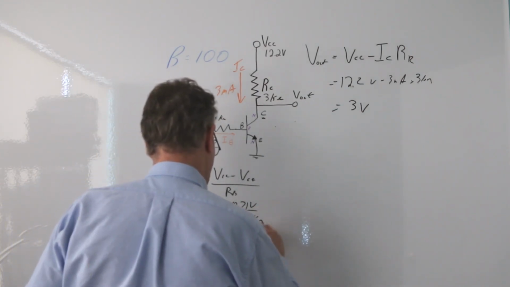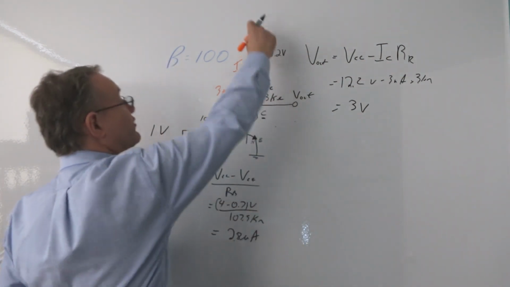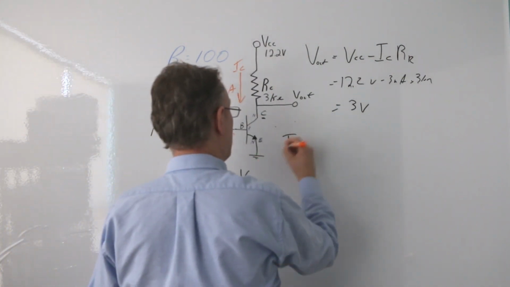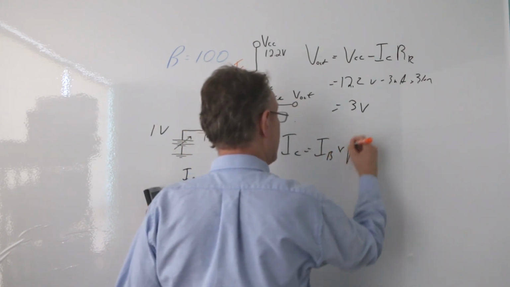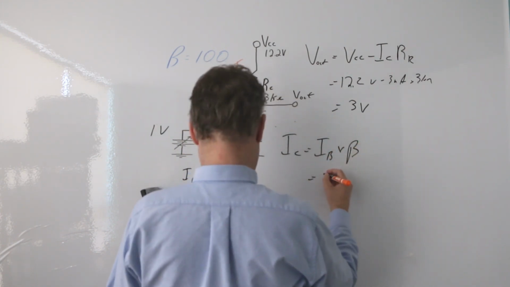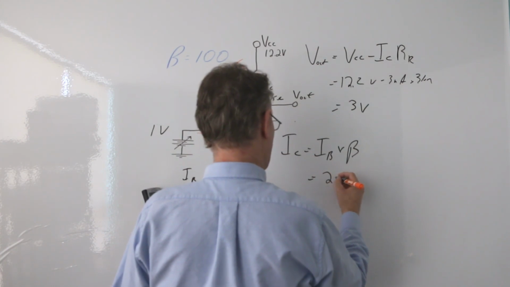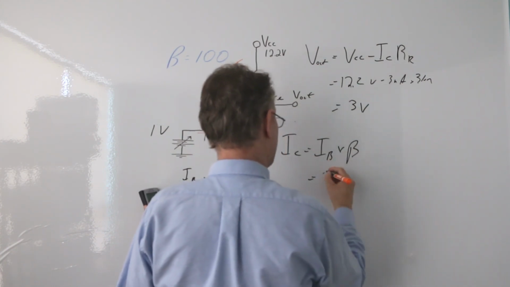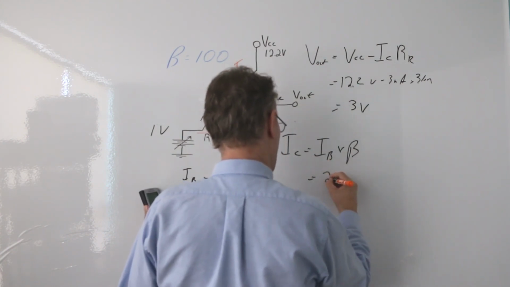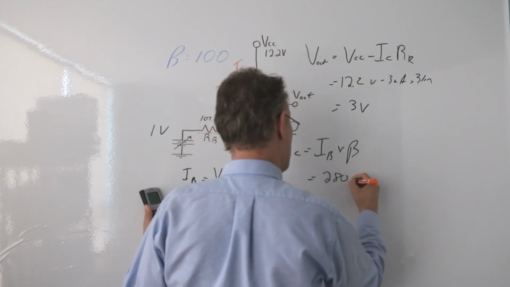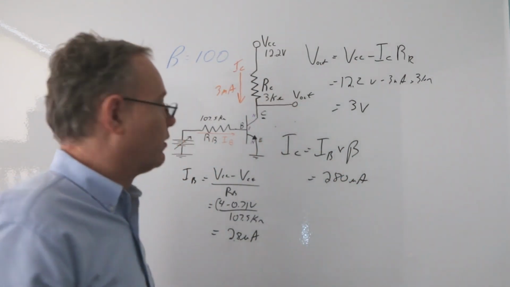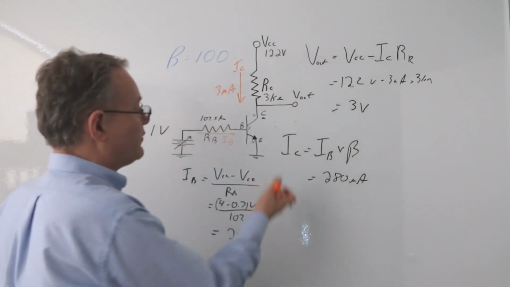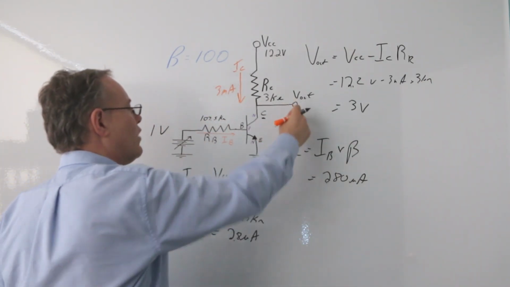2.8 microamps. Okay, so now what's the current going through here? That's easy. My IC is going to be my IB times my beta, and that is going to be 280 microamps. Yeah, less than a milliamp. Okay, cool. So now, that's pretty small. What's my Vout going to be?